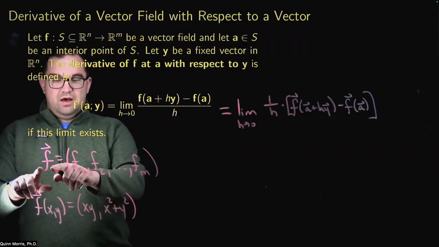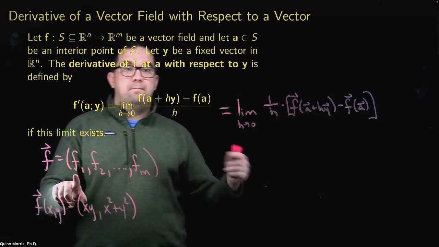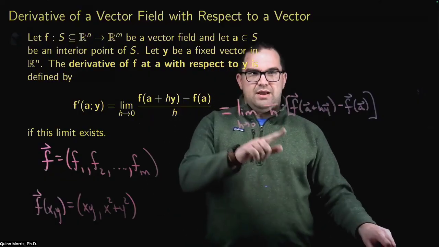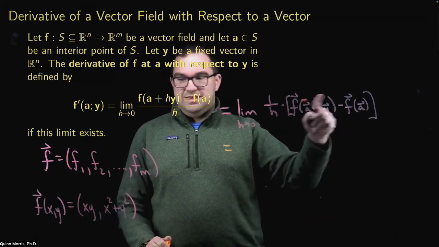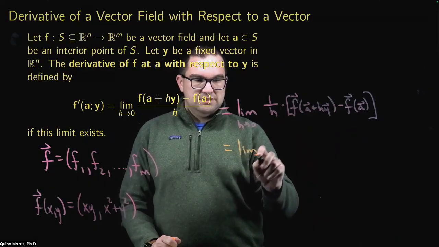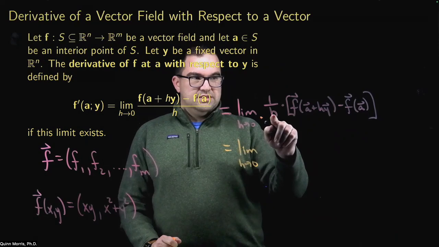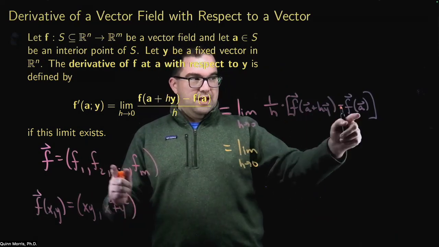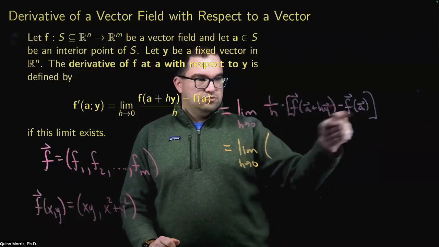So I can think of this vector field as being made up of m component functions. Now, we say that because when I come back over here and think about analyzing this, if I re-express this in terms of the component functions, what I'll find is that this is the limit as h goes to 0 of, well, this is going to get multiplied into each of the components, and I'm going to have to do some component-wise subtraction.